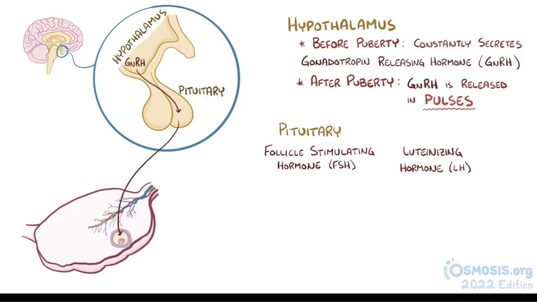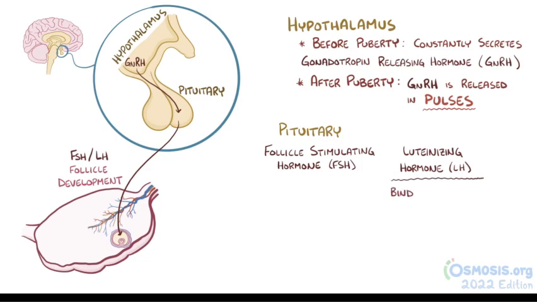And pituitary FSH and LH make the ovarian follicles develop. The amount of GnRH can be mapped out like a wave over time. And the frequency and amplitude of the waves of GnRH determine how much FSH and LH get produced by the pituitary.